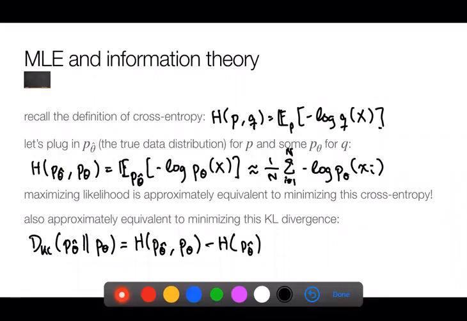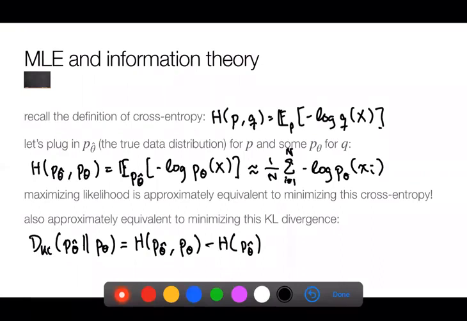Okay, so this is kind of nice, right? Because remember what we said, cross entropy kind of looks like similarity, but the minimum value is the entropy of p, which makes things a little bit strange. The KL divergence, the minimum value is 0 because we're subtracting the entropy of p. So when p theta hat and p theta, or more generally p and q, are equal, the KL divergence is 0.